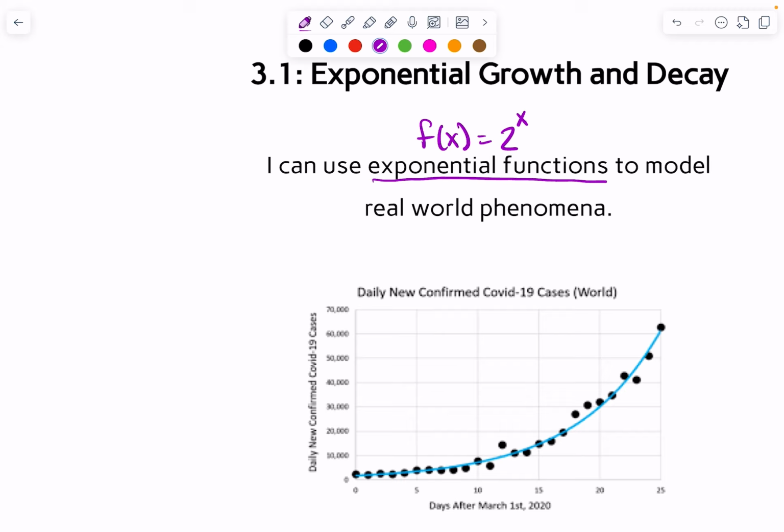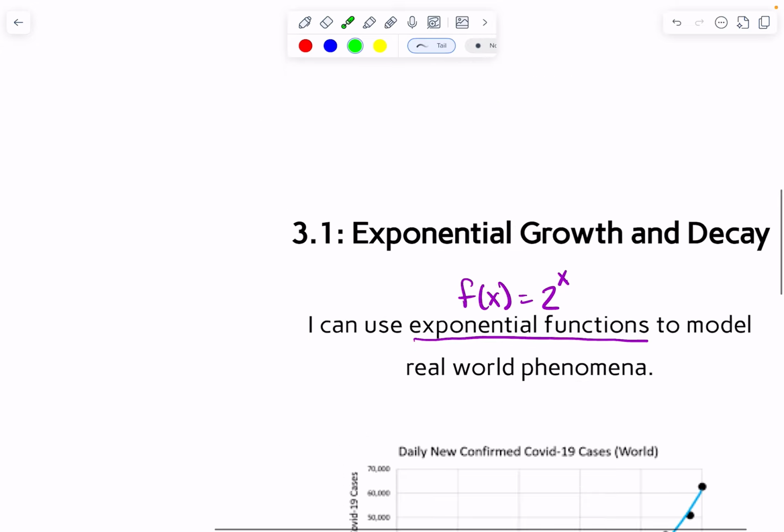So this is by day, not by year, but you can see that it started out kind of slow and then all of a sudden started shooting up very quickly, right, as we started our international pandemic. And the best fitting model here is an exponential model, as you can see from that blue line. So let's take a look at our notes.